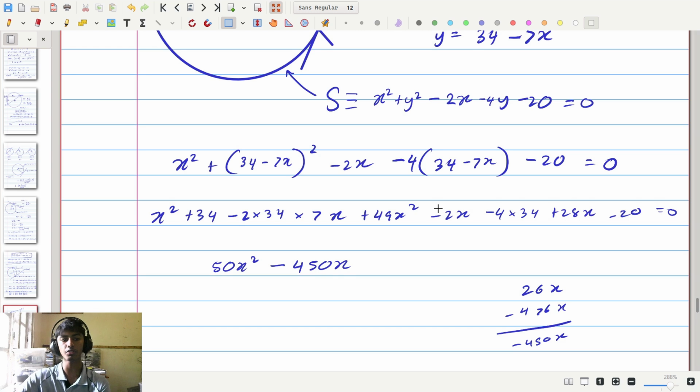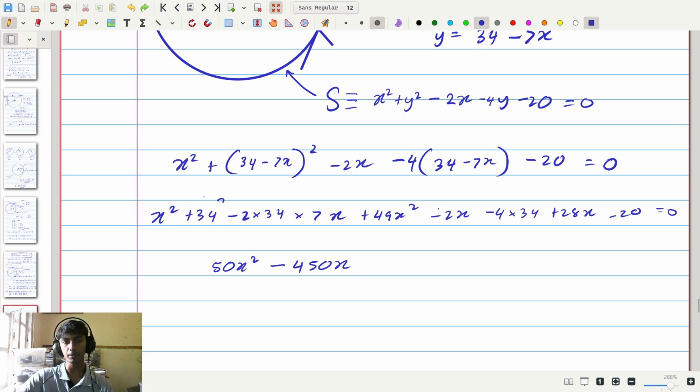I'm going to get rid of this rough work here, and we're going to go next on to the constant terms. My apologies, this is actually plus 34 squared. We also have on this side a minus 4 times 34 and a minus 20. So here we can actually take this plus 34 squared and then this minus 4 times 34 together and write this as being 34 times 34 minus 4, as in 34 times 30. From this 3 times this 30 will give us 900, and this 4 times this thing will give us 120.